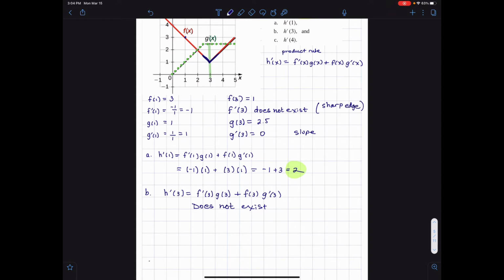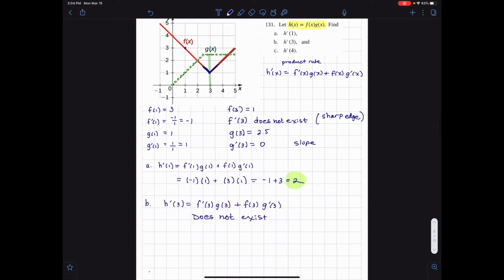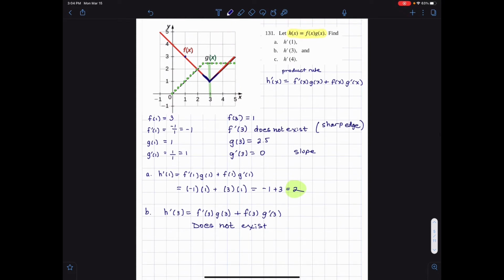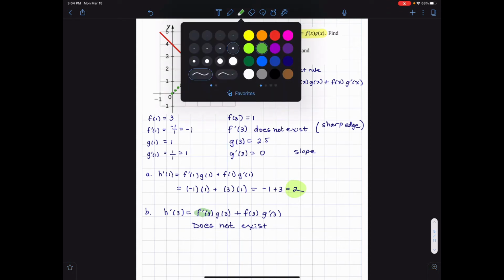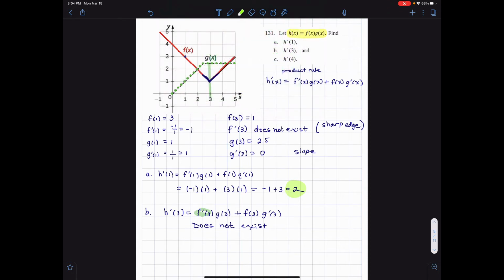All right, I'm going to write it does not exist. And the reason is because of this f prime of 3. That's what's causing us trouble there. Or is it trouble? Maybe it's good not to exist. Okay, anyway, that's why it doesn't exist.